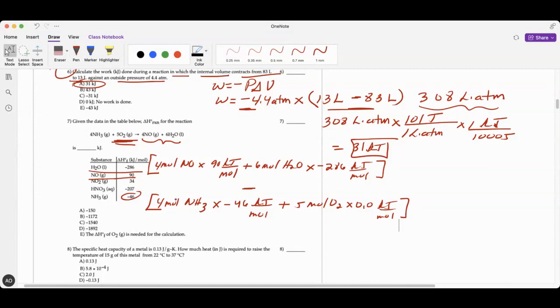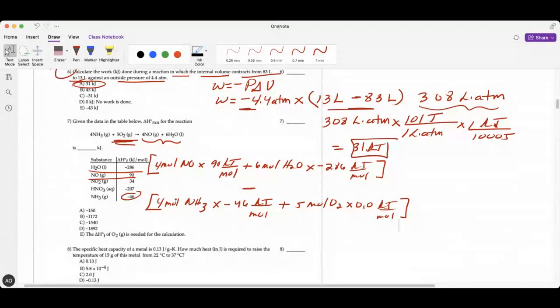So we put this in the calculator. We have 4 times 90 plus 6 times a negative 286, minus 4 times a negative 46.